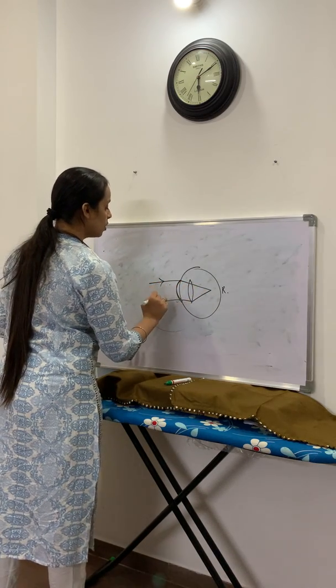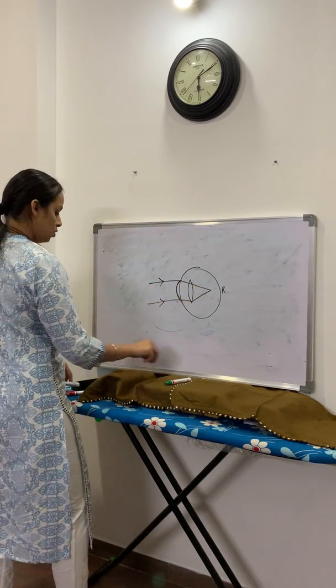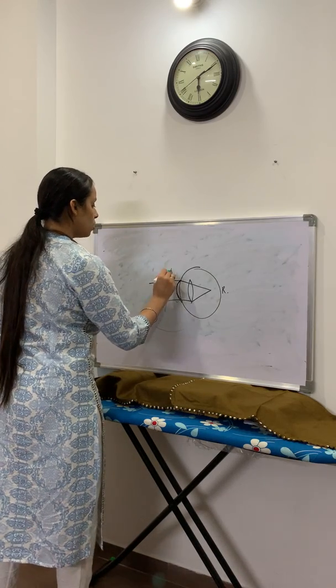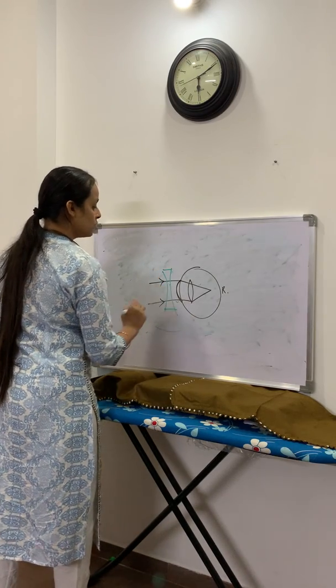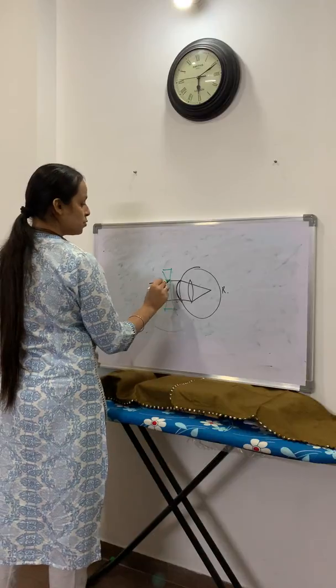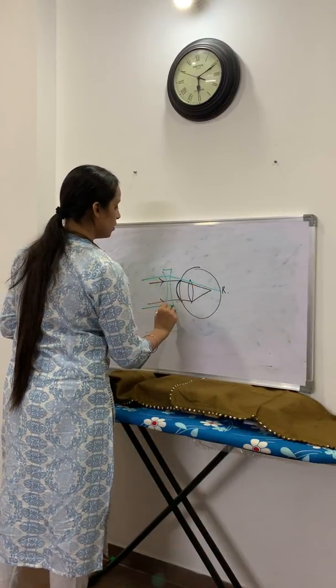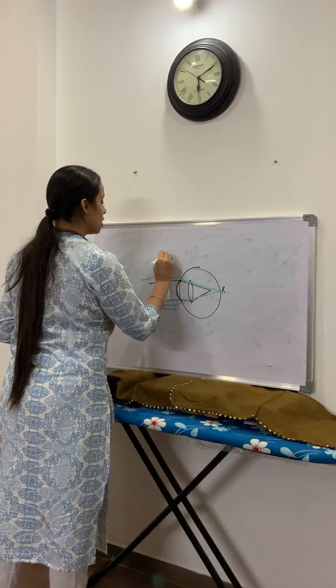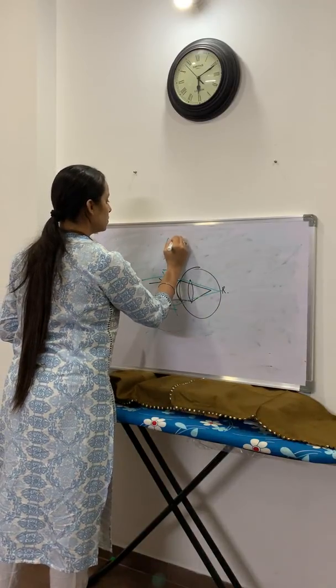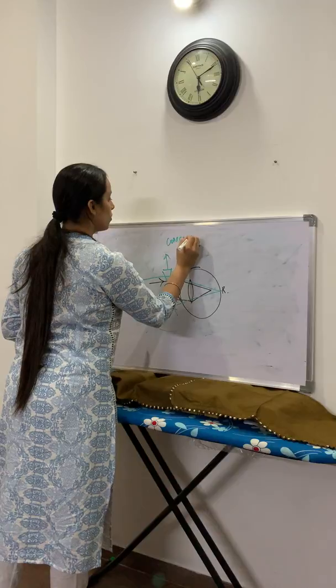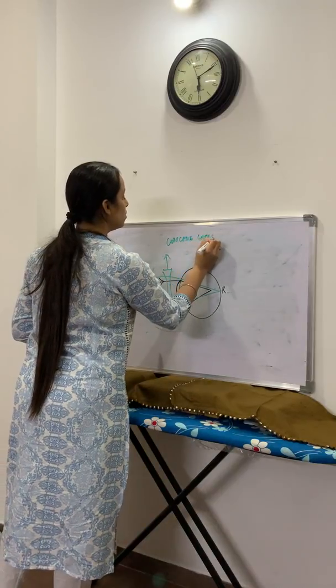What can you do to correct this? You can put a concave lens. So what will happen? After the rays pass through a concave lens, they will come and will focus at the retina. This is a concave lens, or this is also called a minus lens.